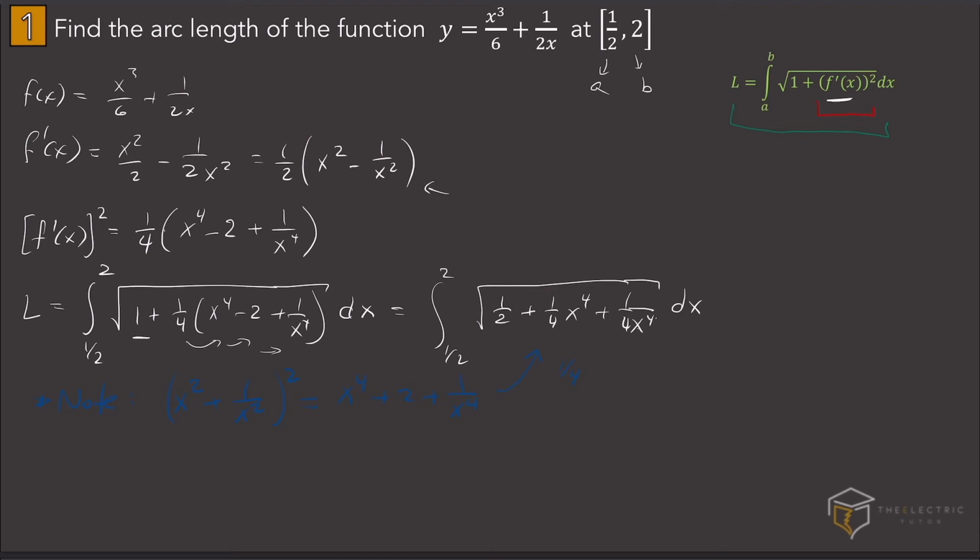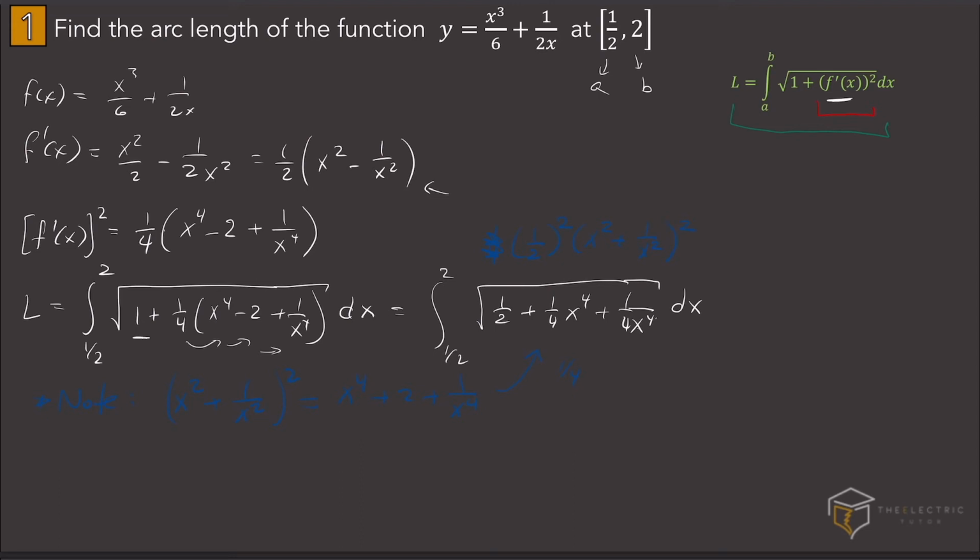Okay, so this would be 1/4, or I'm just going to rewrite it as 1/2 squared times x squared plus 1 over x squared, squared.